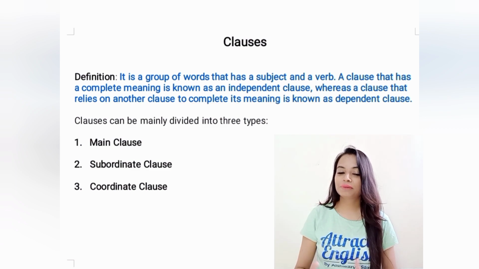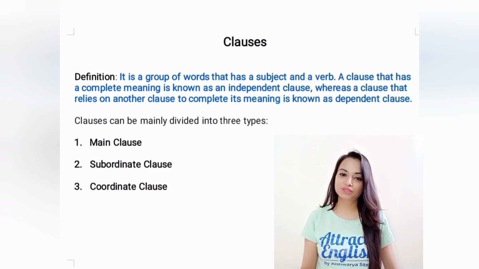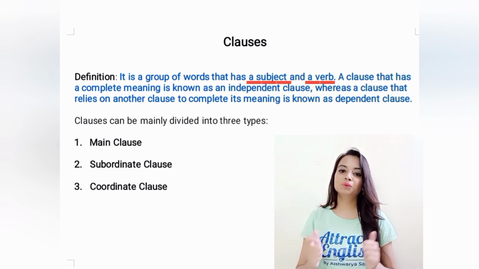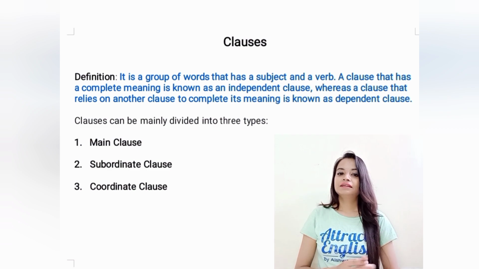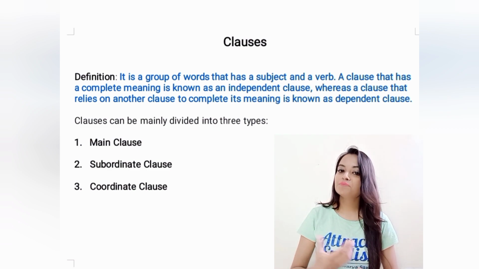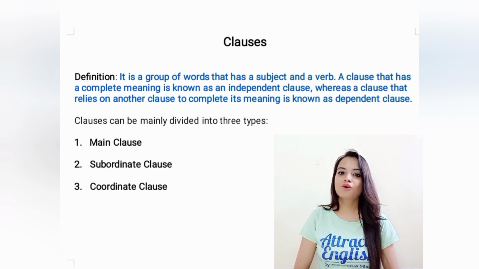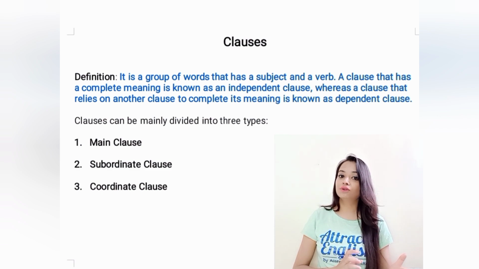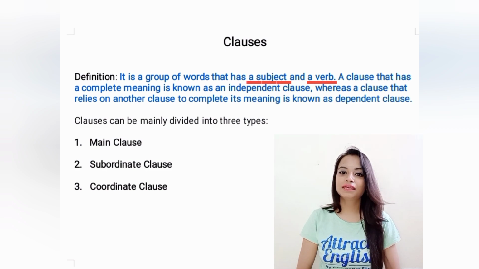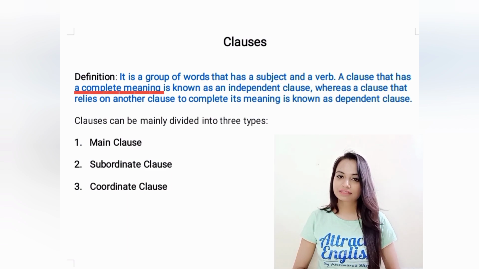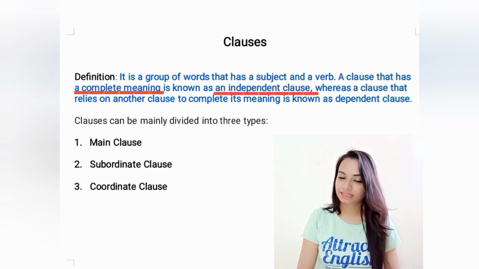So a clause can basically be understood as a combination of subject and verb present in a sentence, and that sentence may or may not be capable of making complete sense. In case that combination of words which has a subject and a verb is capable of making complete meaning, then that is an independent clause.